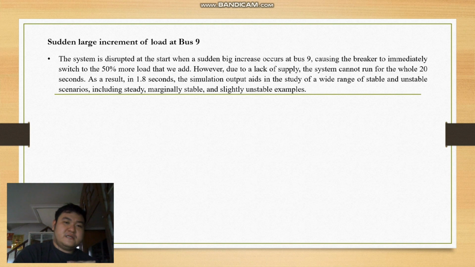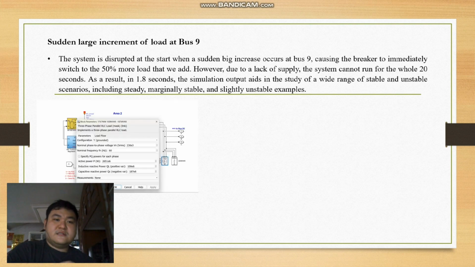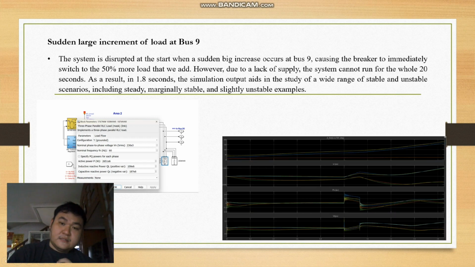As a result, in 1.8 seconds, we can check the range of which part is a stable and unstable scenario. For this scenario, we increase the volume, and this is the result graph.